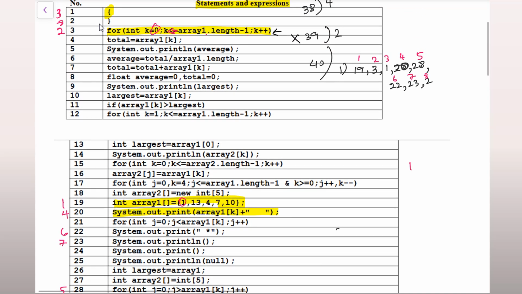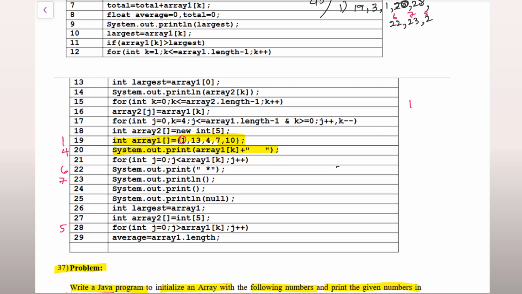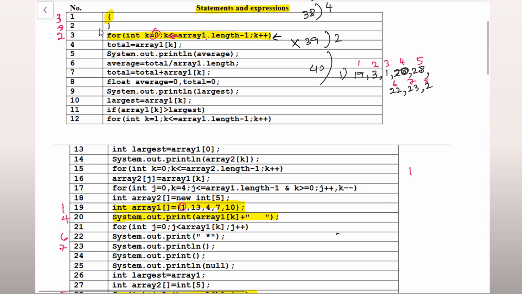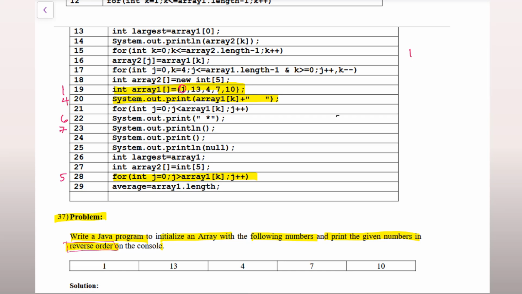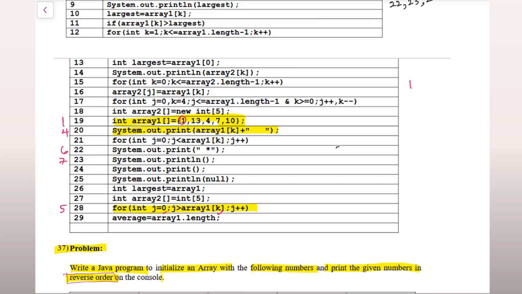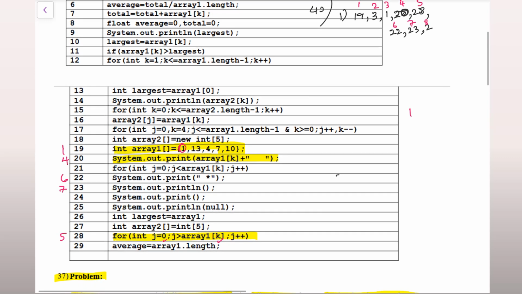And then the fifth is, again, you have a for loop. So this for loop is within the previous for loop, so it's a nested for loop. It is running from 0 to array1[k]. So array1[k] is array1[0], which here is the number 1.